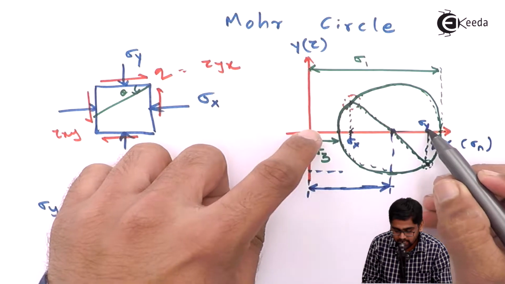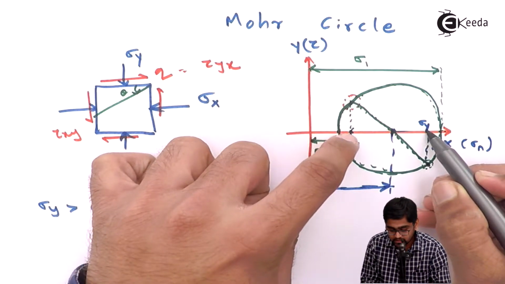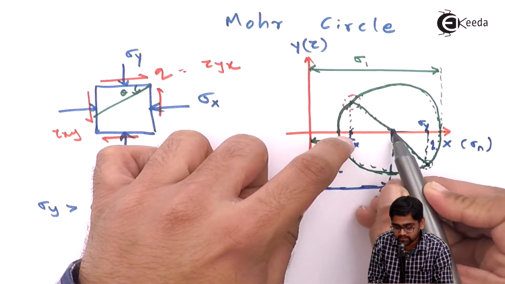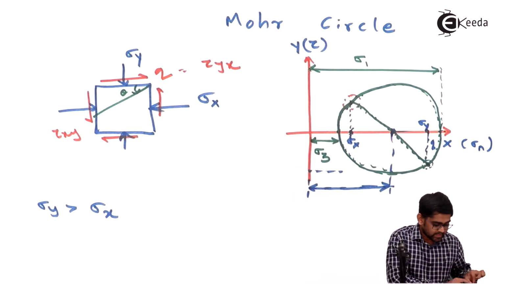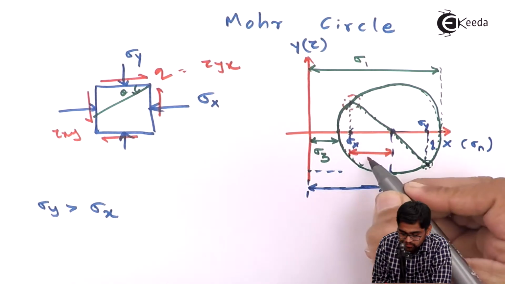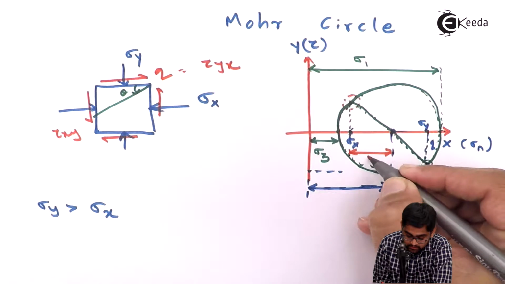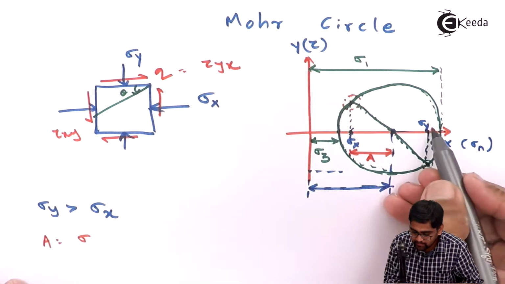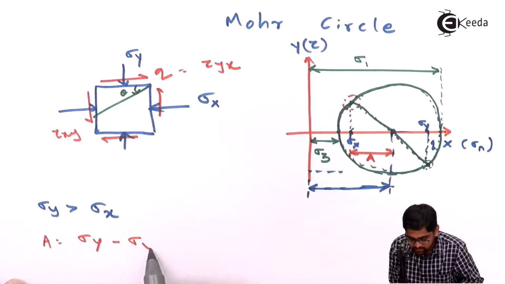So sigma y minus sigma x is this distance, and divided by 2 is again this distance. So let's suppose I take it as a general a. So a is equal to sigma y minus sigma x upon 2.